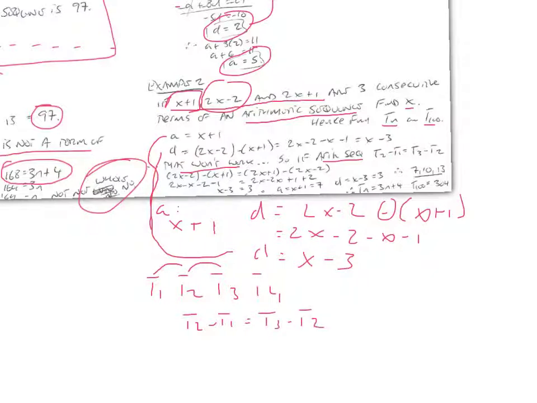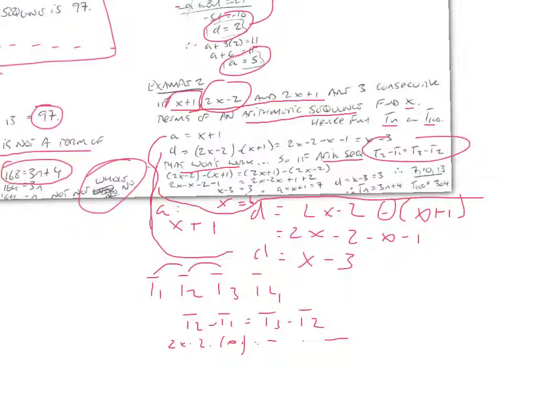And that's what we've said here. So if we plug in our T2 is 2x minus 2, and our T1 is x plus 1, and plug in our other values, then this is what we're generating here, and we end up with x is equal to 6. So we've found x.